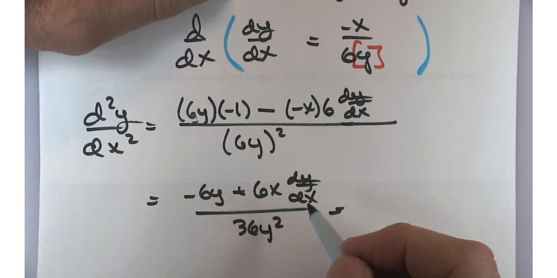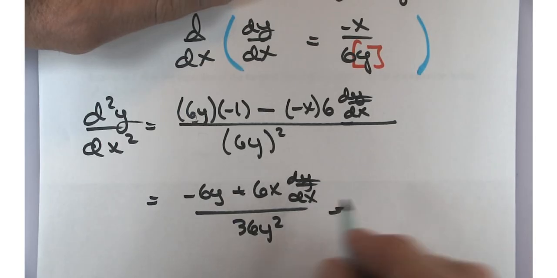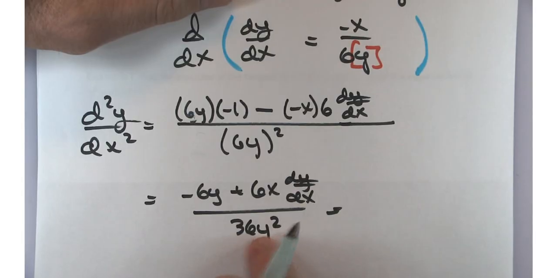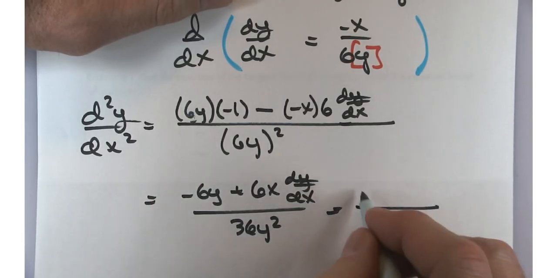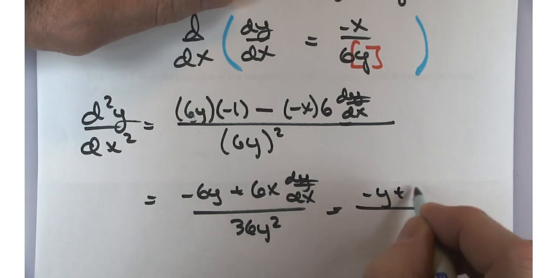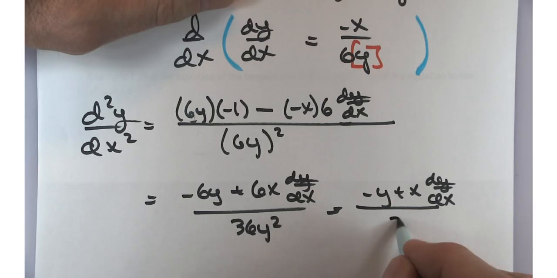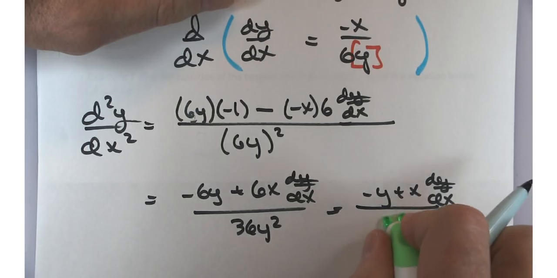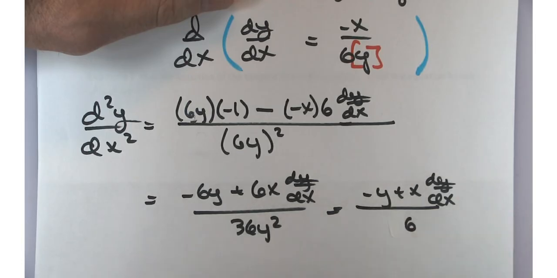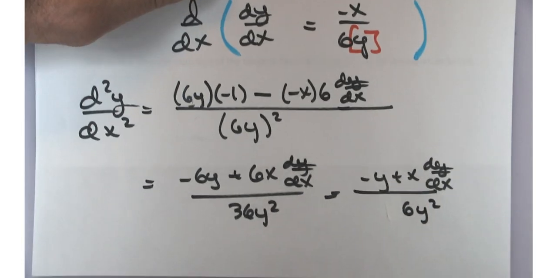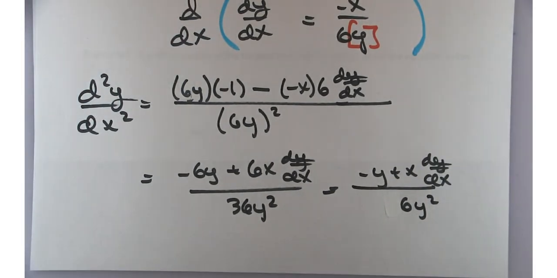I'm going to do it in one step. Take the 6 out from the numerator and denominator, and then cancel it. So it's going to leave you with minus y plus x dy by dx over 6y squared in the denominator. And we're getting closer.